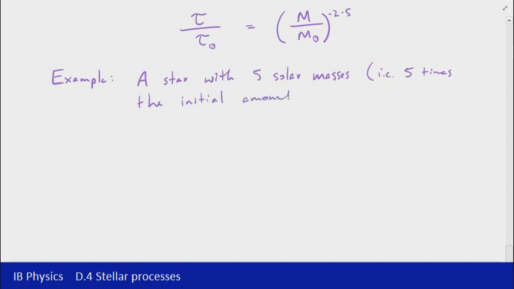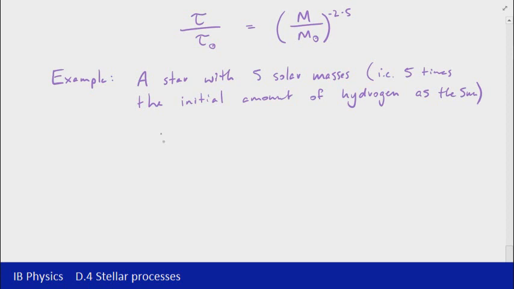So it's going to have more hydrogen there, but being larger, it's also going to have a greater luminosity, so it's radiating energy at a faster rate. So that's 5 times as much as the Sun, and for its lifetime we can see that it's going to be brighter, but it's going to burn for a shorter amount of time.